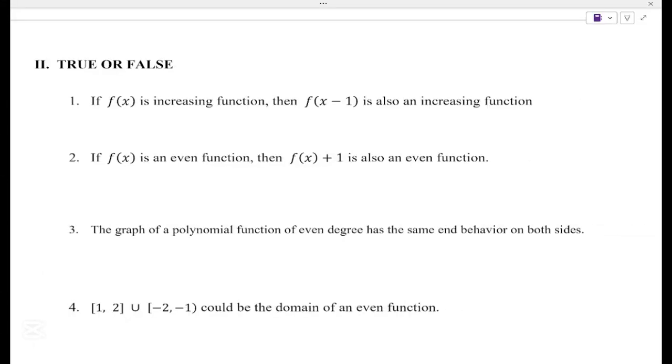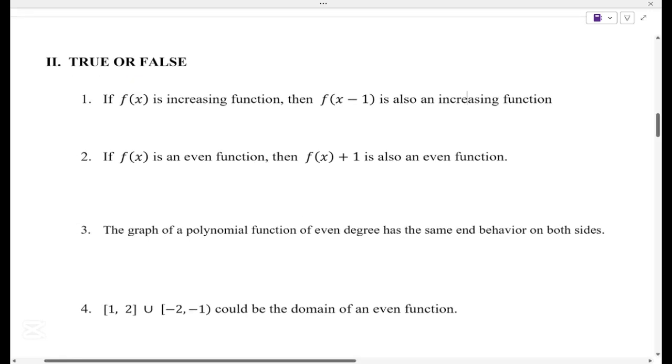Now for the second part, this is a true or false question. As we answer this as true or false, let us write true as T and false as F. Then as we write the answer with true or false, we can explain as well. For the first question of true or false, if the function is an increasing function, then f of x minus 1 is also an increasing function.